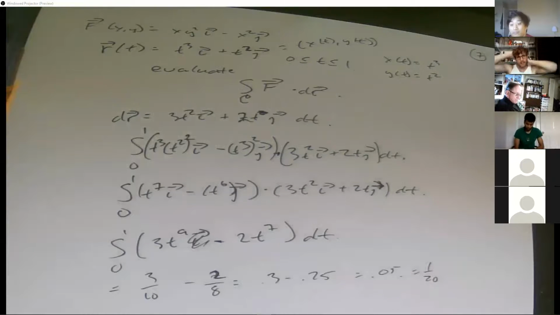So this can be thought of as the work done by the river on that stick. And the direction or the path that the stick travels is r. That's really cool. I like that. Any questions?